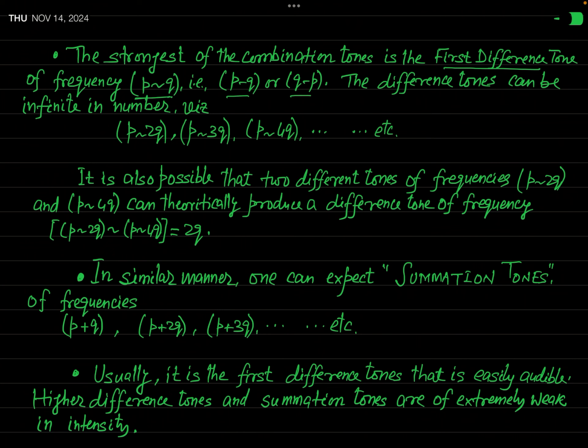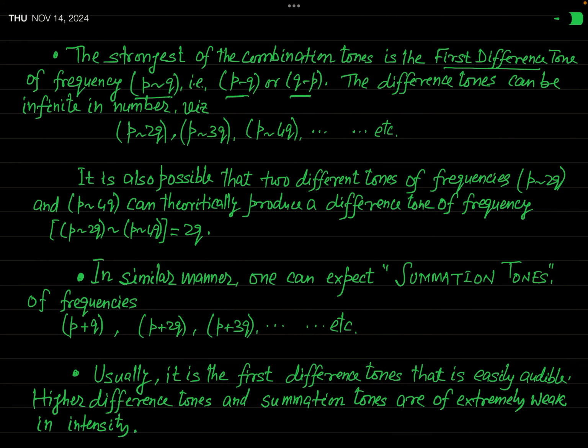You know, when you find the difference, you always subtract the smaller value from the larger value. So if P is larger, then the difference of P and Q will be P minus Q. But if Q is larger, then the difference will be Q minus P. So this P minus Q or Q minus P is actually called the first difference tone.